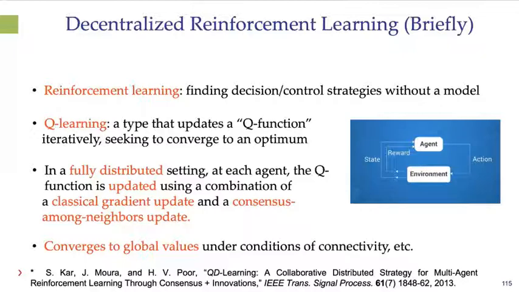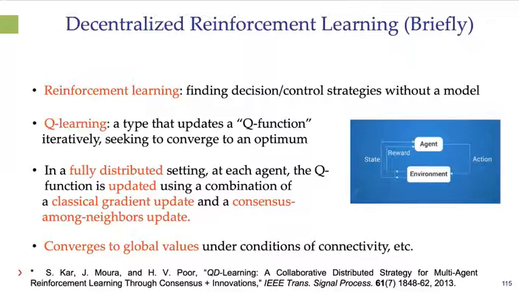And a particular type of reinforcement learning is Q learning, which is trying to update a Q function, a utility function, iteratively, seeking to converge to an optimum to find a decision strategy or control strategy that gives us the optimum utility. If we have centralized data for reinforcement learning, the update is typically performed by gradient updates.